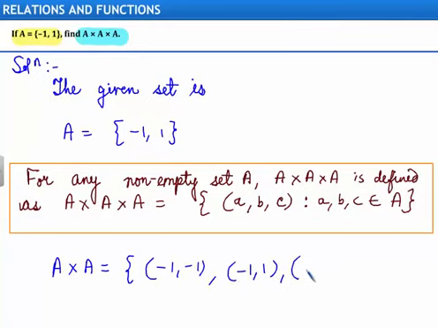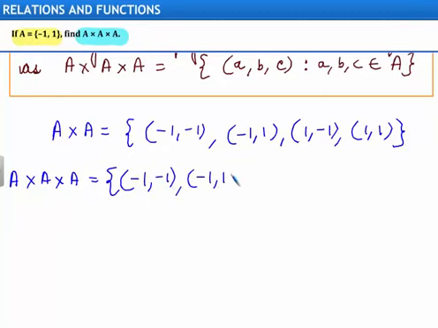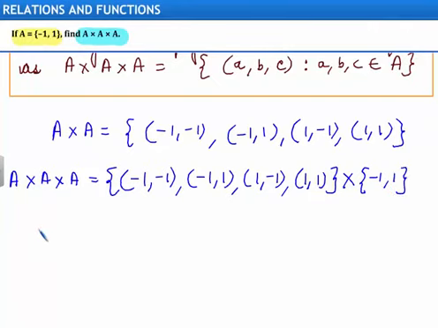Then A cross A cross A will be equal to {(-1, -1), (-1, 1), (1, -1), (1, 1)} cross, we have the set A as {-1, 1}.